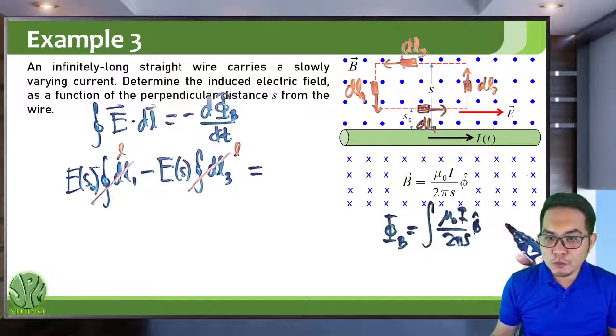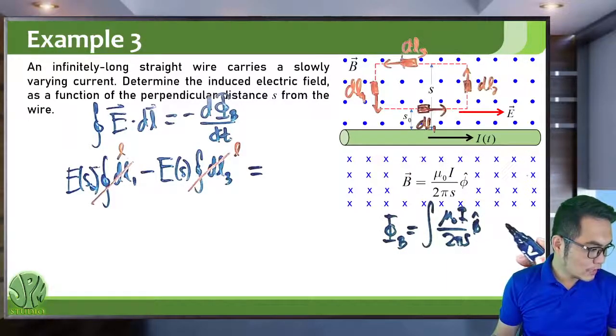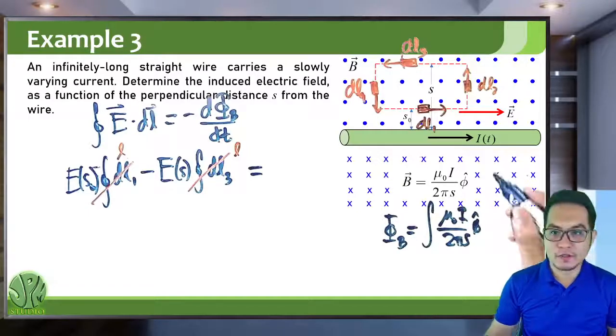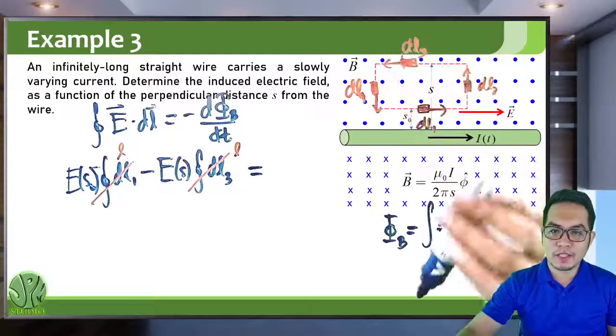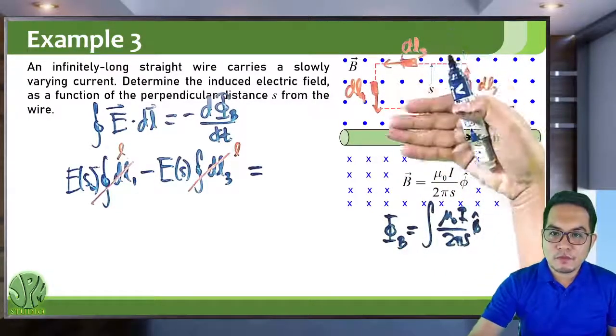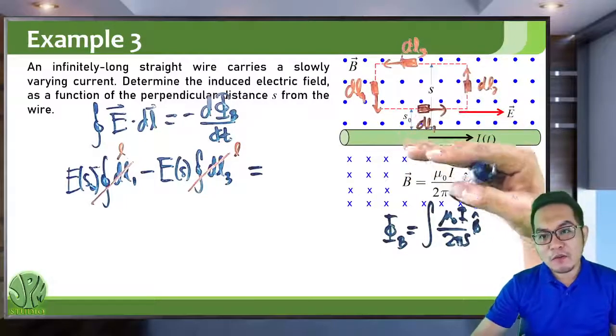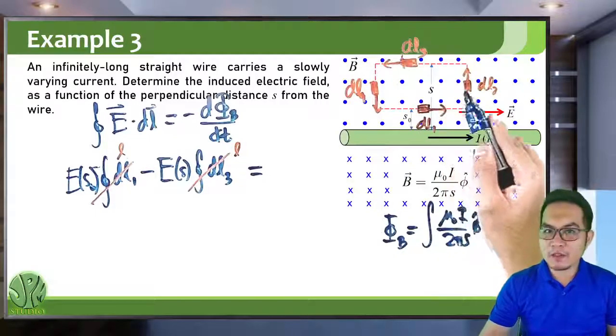And we will assume that our dA, the differential area, is also in the phi hat direction. So the area of this loop is also in the phi hat direction. Take note that this can be in any view. So this loop is not only in this plane specifically.